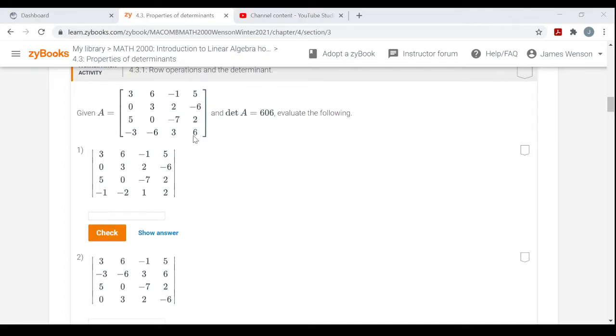If I multiply this fourth row by a third, that would give me this row here. So this new matrix would have a third of the determinant. You'd multiply the determinant by a third as well. And a third of 606 is 202. So the determinant of this new matrix should be 202.